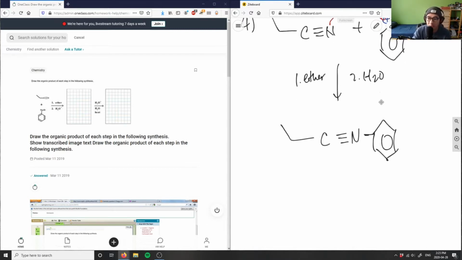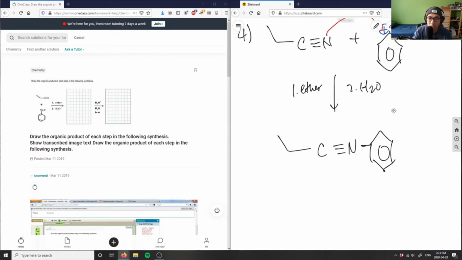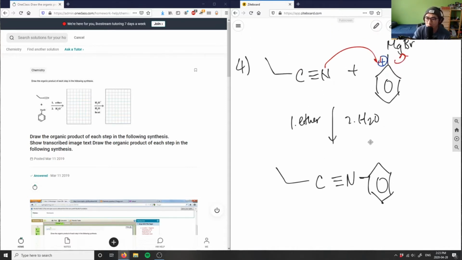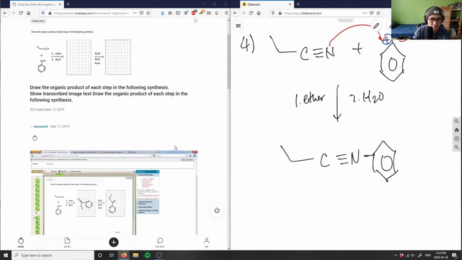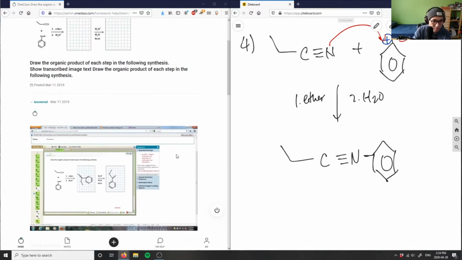Yeah, so that's fine. And then I'm adding acid and water as well and heat. I would basically eliminate something, right? So let's see. If I have a benzene group here and I have a triple bond here, I don't know if elimination is going to happen here. So let me just see what they wrote here.